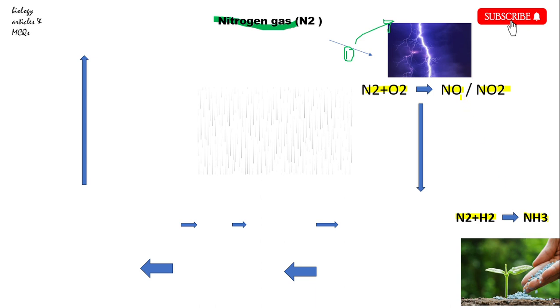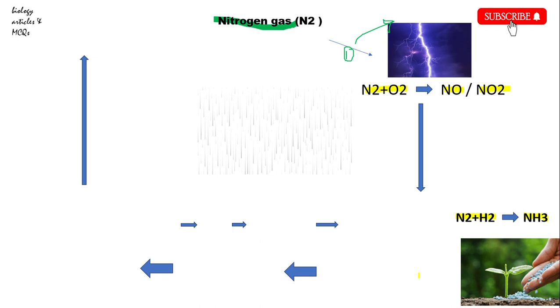And one thing, guys, about lightning: when the nitrogen reacts with oxygen and changes into nitrogen oxide, this nitrogen oxide will then enter the soil with the help of rain or snow. So this is the first process, and the second process that can be used to fix the nitrogen is fertilizers.